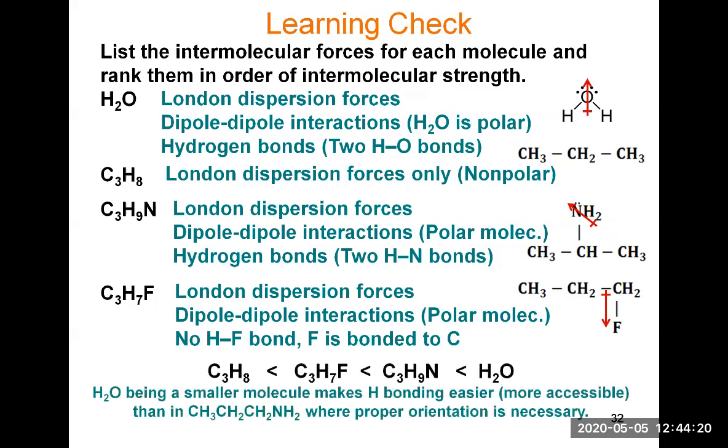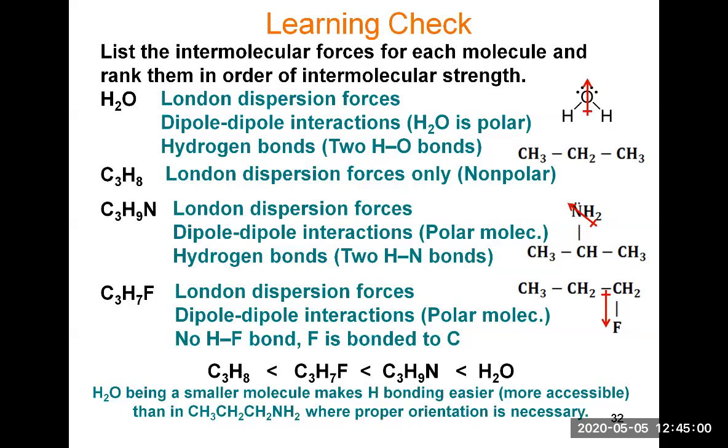And so we will have water being the strongest, experiencing the strongest forces, because water is a smaller molecule and it's easier to put together and orient the molecules such that the hydrogens face the oxygen, and you can have a very neat arrangement of water molecules. In the case of the molecule with the nitrogen, it's more difficult to arrange the molecules such that the nitrogen is facing hydrogens bonded to a nitrogen, right?